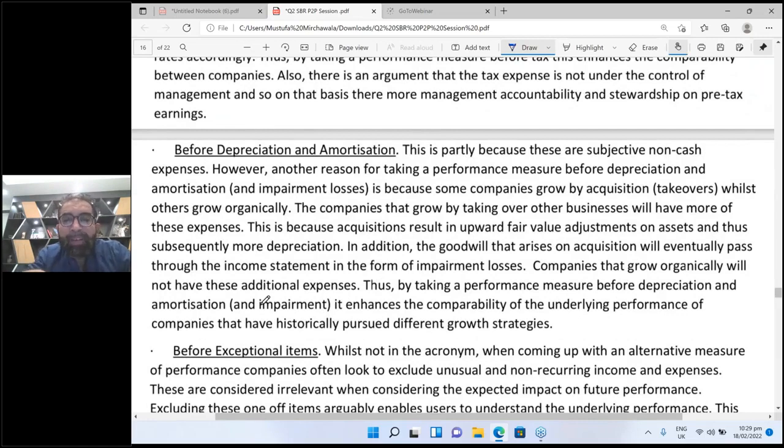One more thing, when you do takeover, you book upward fair value adjustment. At the time of takeover, you revalue subsidiary companies, upward fair value adjustment. Because of upward fair value adjustment, in future you have to book extra depreciation.